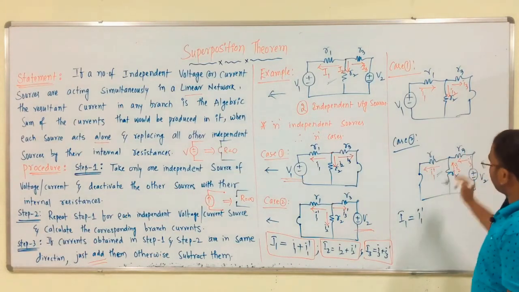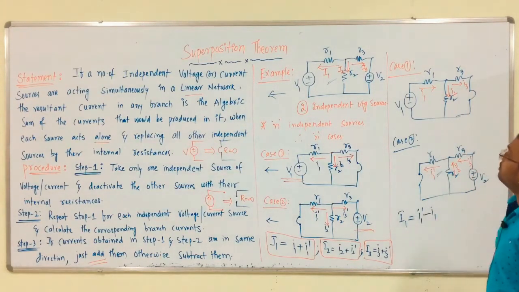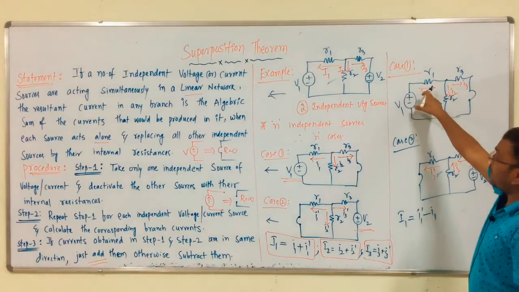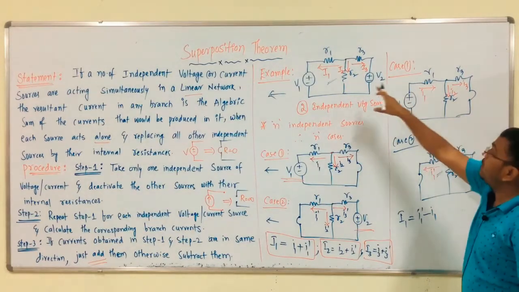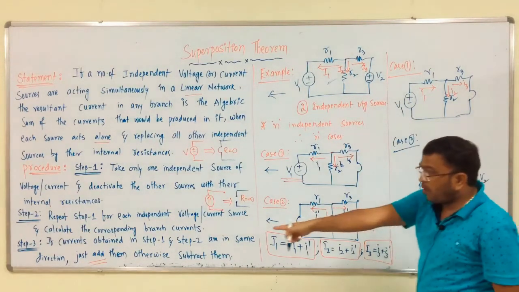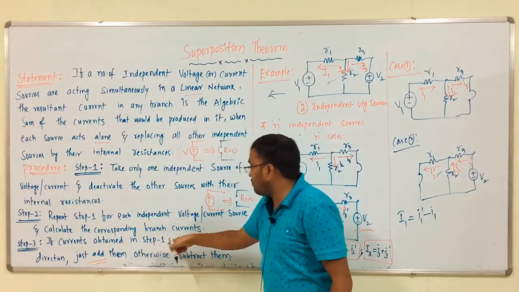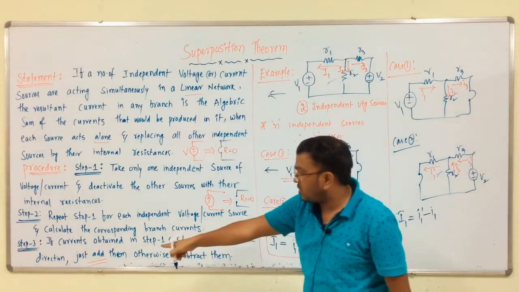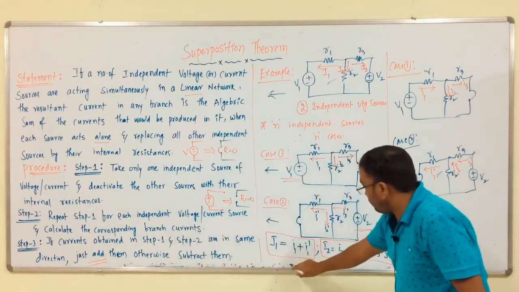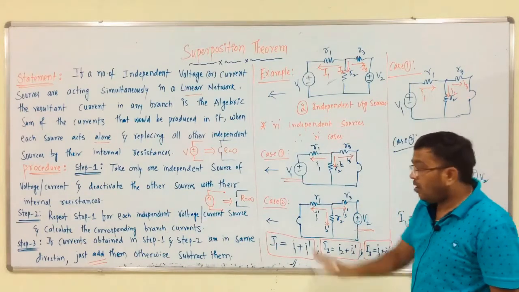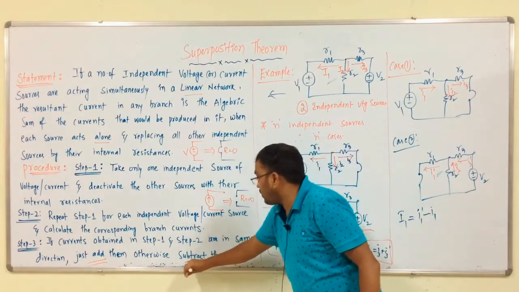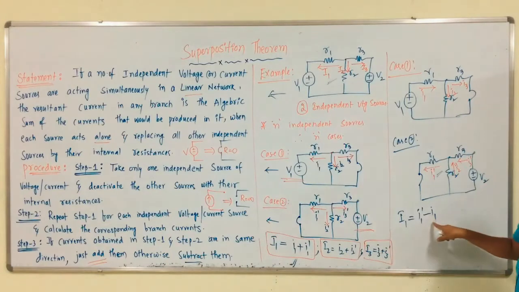Now, I1, because this current direction is opposite to that main current direction. That is the point, no? If currents obtained in step 1, step 2 are in the same direction, just add them. So, we are adding, or otherwise subtract them, because the current direction is different, no?